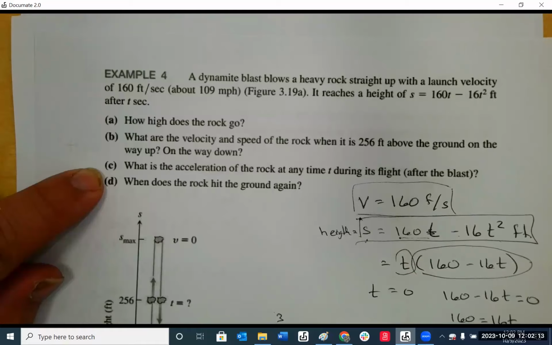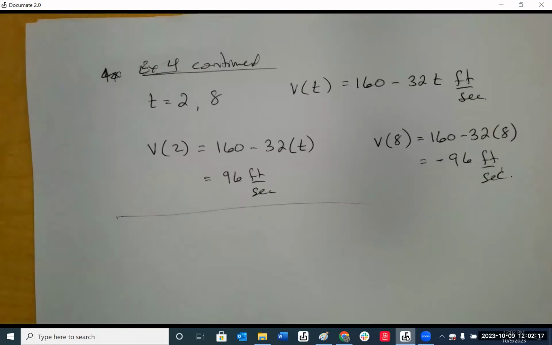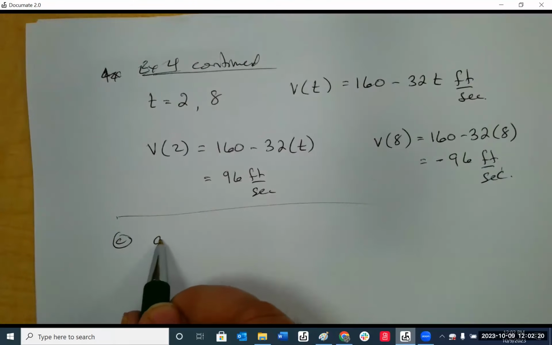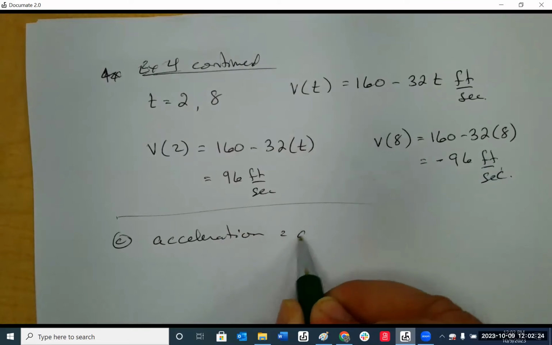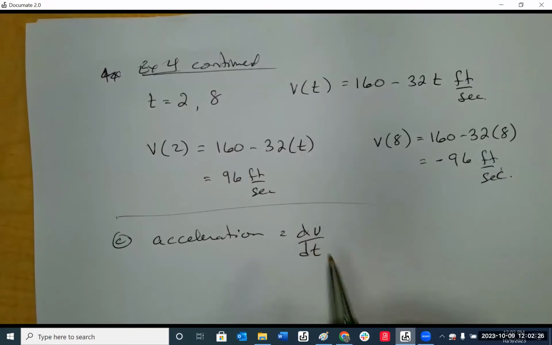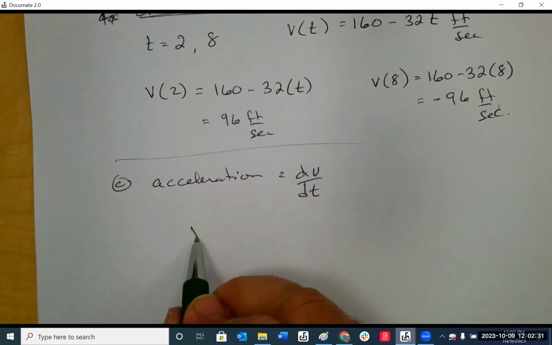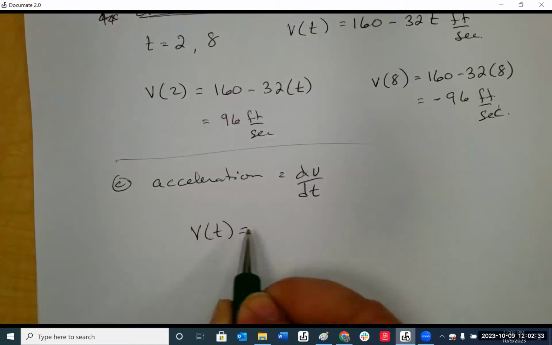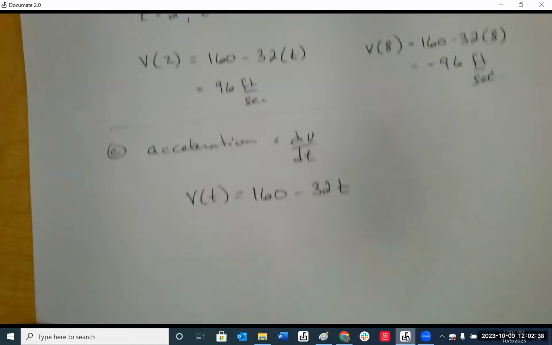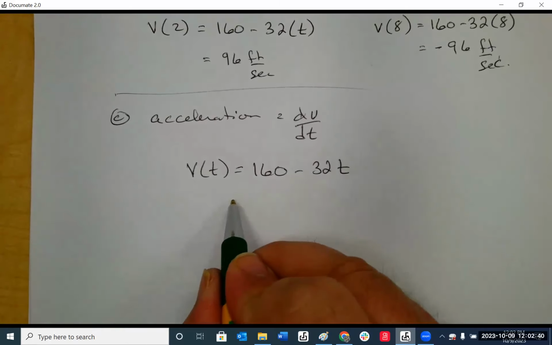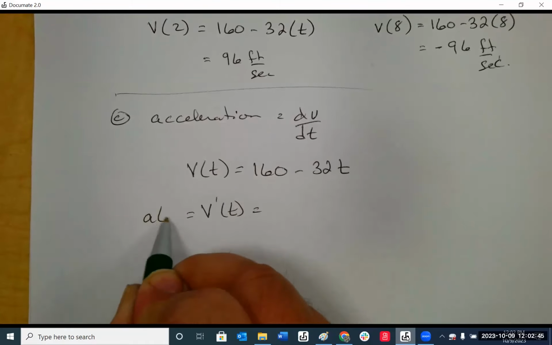What is the acceleration? The acceleration, remember, it's the derivative of velocity. So our velocity was 160 minus 32t. The first derivative of velocity is acceleration.